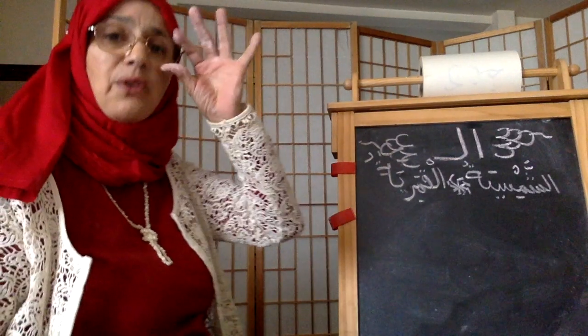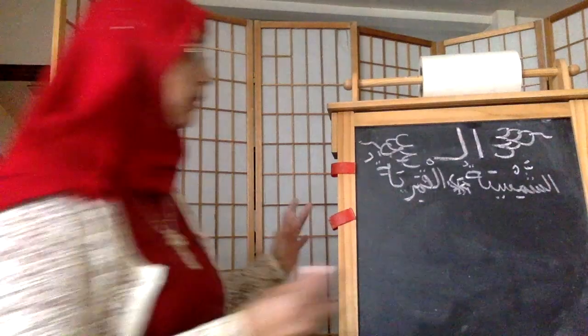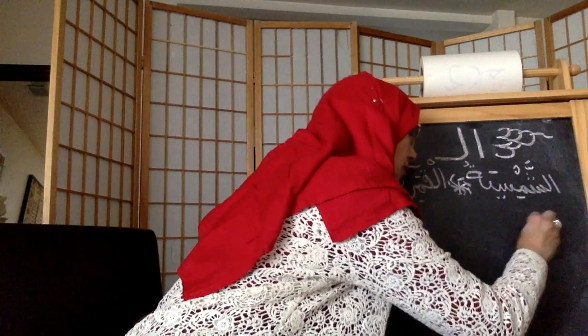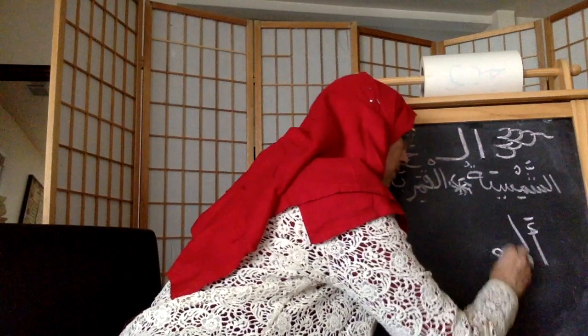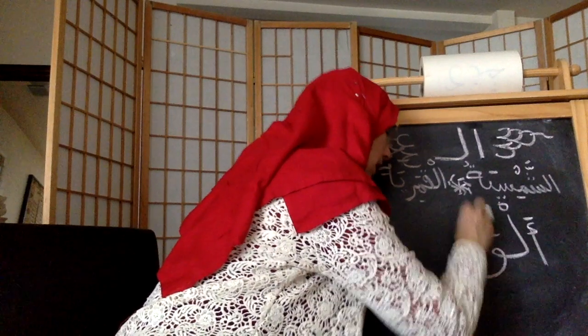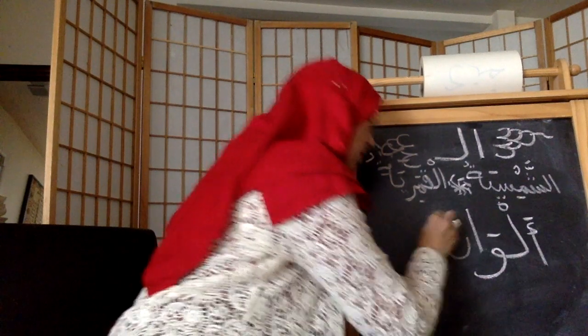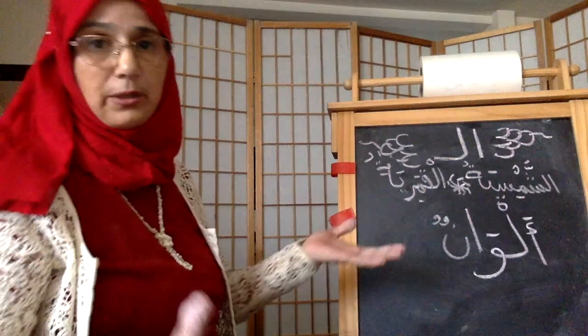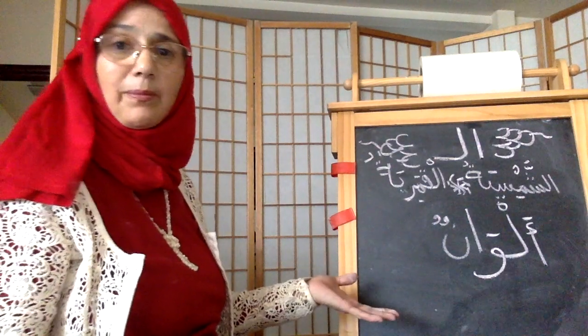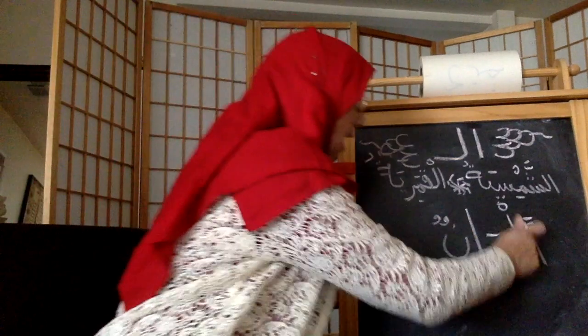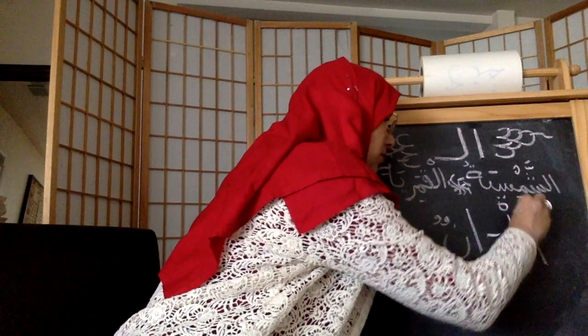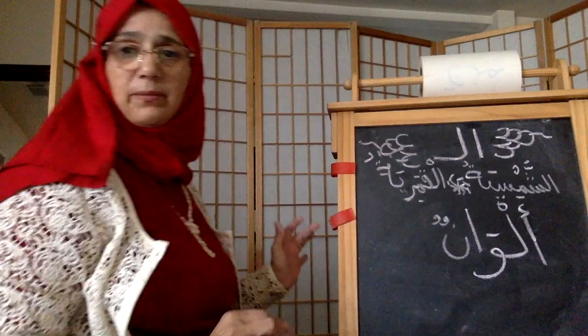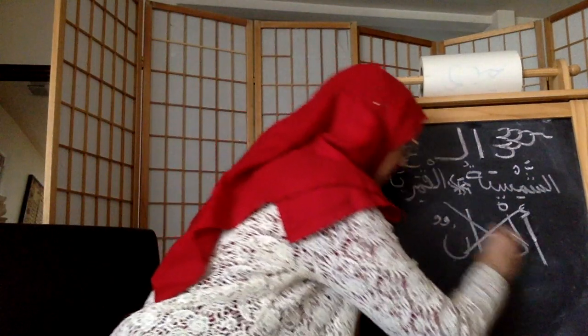My third condition: it should have no hamza. For example, alwanun. Alwanun is a name. It's at the beginning of the kalima, but it has الهمزة. When it has الهمزة, this is not the case.